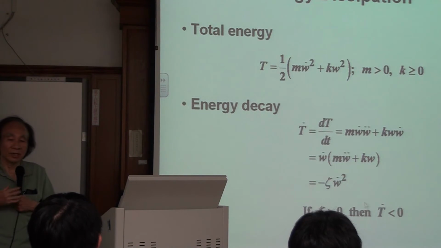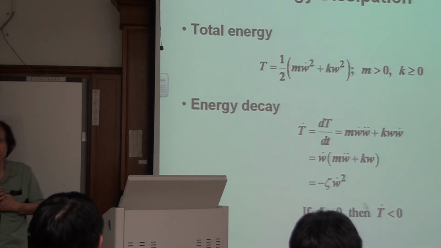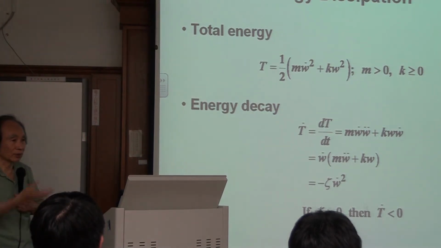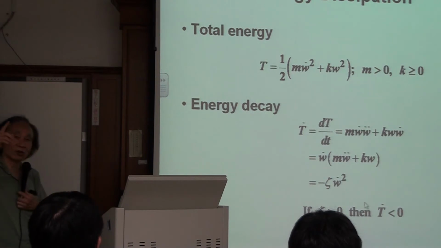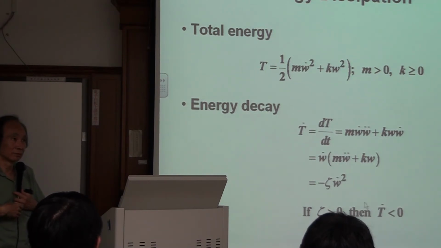So if you use PID, maybe some of you learned about PID, the D means derivative. So assume you have only displacement, what can you do? If I want energy decay, what can you do? Tell me, if I have only the displacement measurement, but I want to have energy decay. If I use direct feedback, then I cannot get energy decay. What can I do?